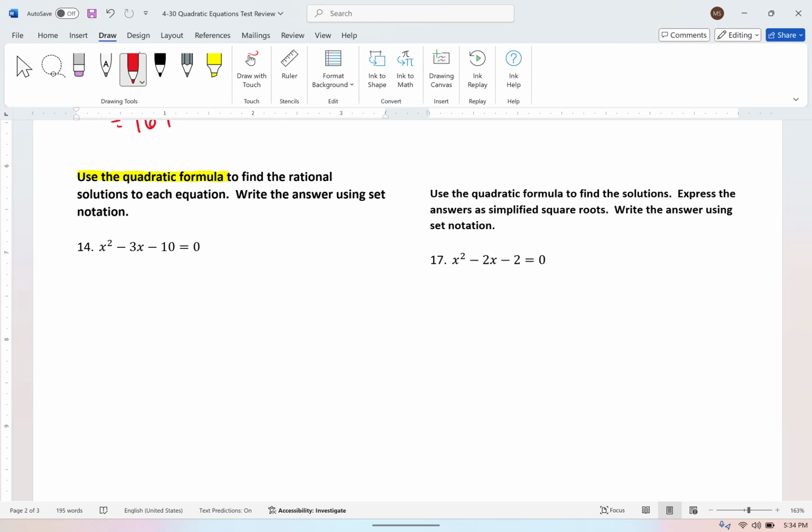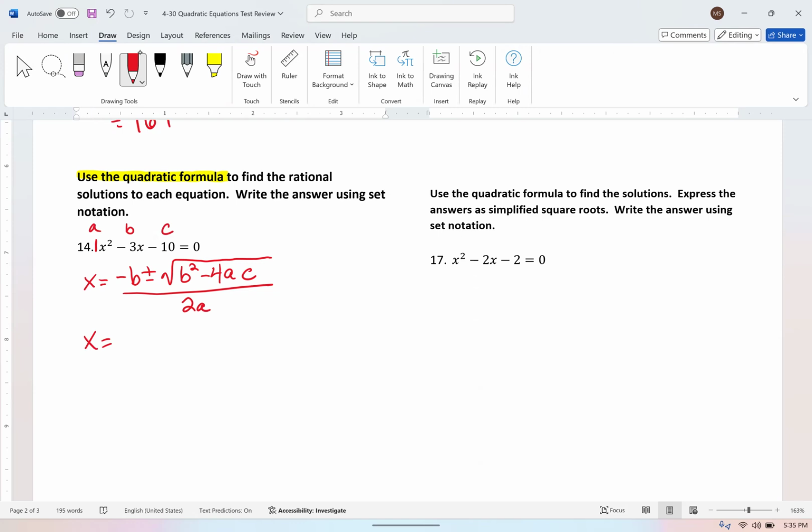All right, so here is our a is 1, our b is negative 3, and our c is negative 10. So we have the formula: opposite of b plus or minus the square root of b squared minus 4ac, all divided by 2a.